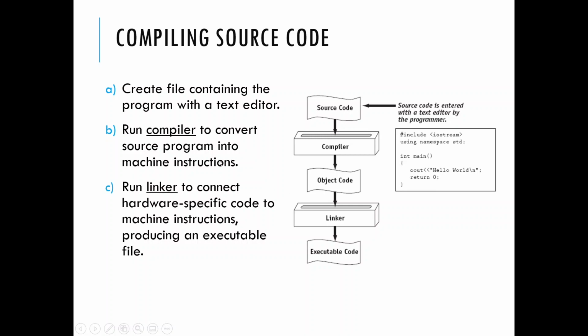So when I run my compiler, I go from source code into object code. I link all of these different object files up, especially if I have multiple files, and then I execute it. The reason this example is here is that it's a prime example of what I need to link up.